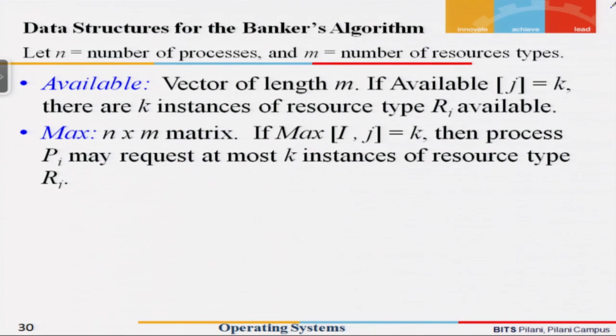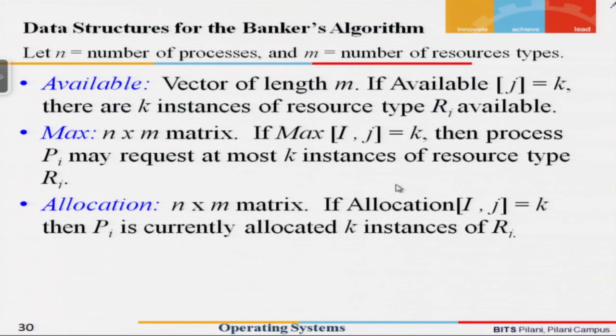If max[i][j] equals k, then this is indicative of the fact that the ith process may request at most k instances of the jth resource. This is what it will mean. So max is defined in this way.